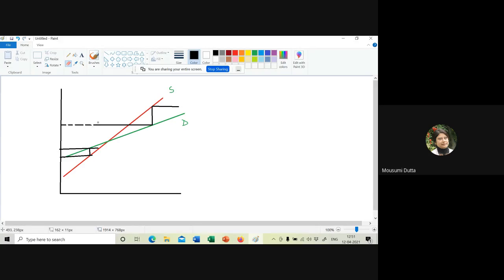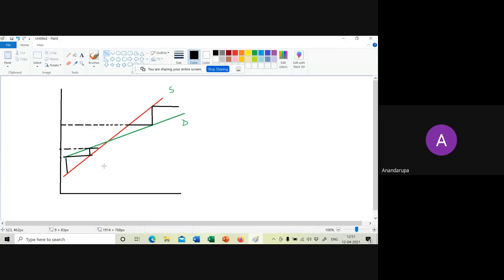So we are getting monotonic divergent kind of thing. Ma'am, on the downward side it will not be convergent, because ma'am if there is excess supply then the price will fall.